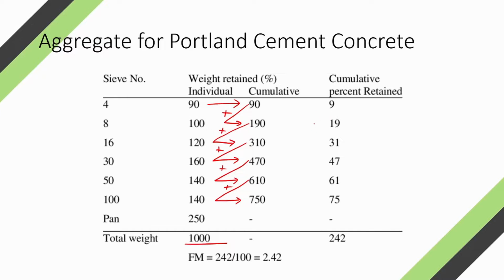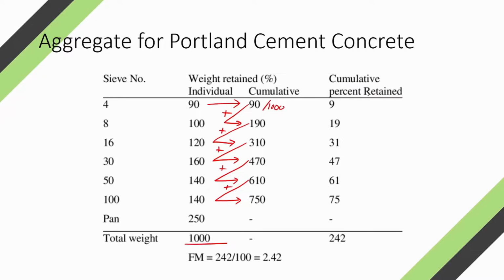After nyan, gagawin natin is cumulative percent retained. Paano naman ito? Para ma-compute natin ito, this one will be equal to itong cumulative weight retained, which is itong 90. Divide lang natin siya sa ating total weight. So, 90 over itong value nito over 1,000.